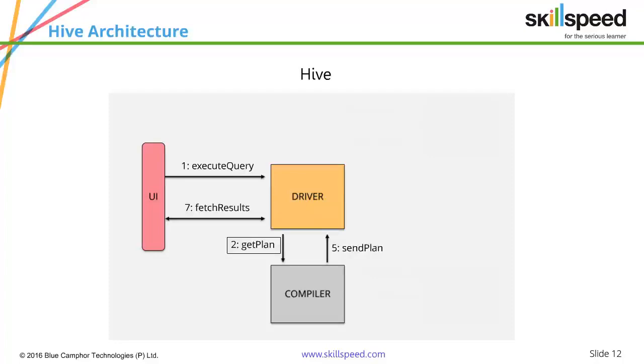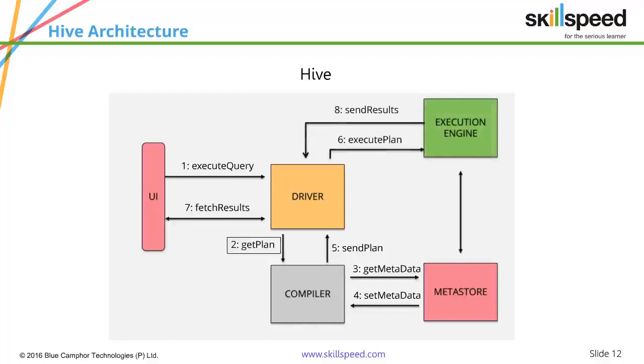Once it understands the query is perfect, the next stage is to get the metadata, because if you want to execute the query, you should know where the table is and what data you are referring to. So you have the get metadata and send metadata, which basically gives you the metadata, and the compiler sends the plan to the driver. Once the driver has the plan, it sends the execution plan to the execution engine, which in turn executes your query and gives you the final result.